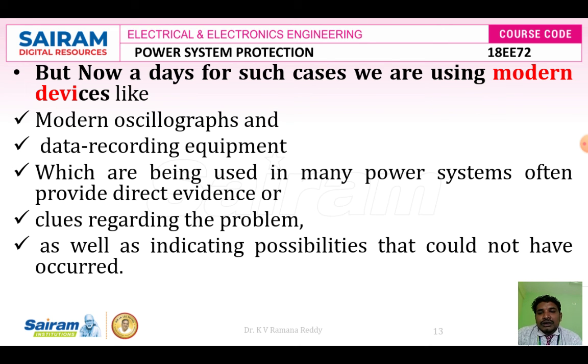That's why nowadays for such cases we are using modern devices like modern oscillographs and data recording equipment, which are used in many power systems and often provide direct evidence or clues regarding the problem.